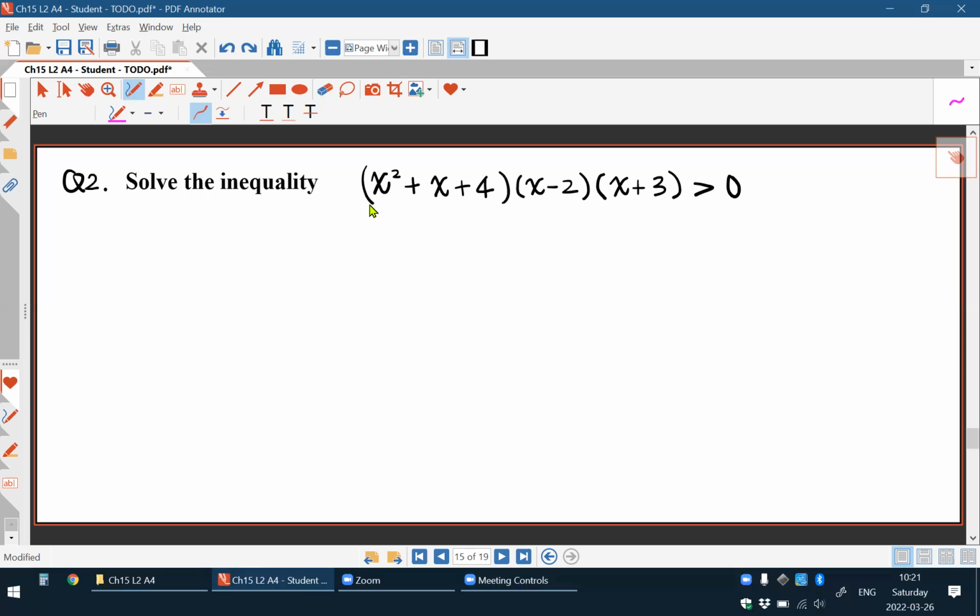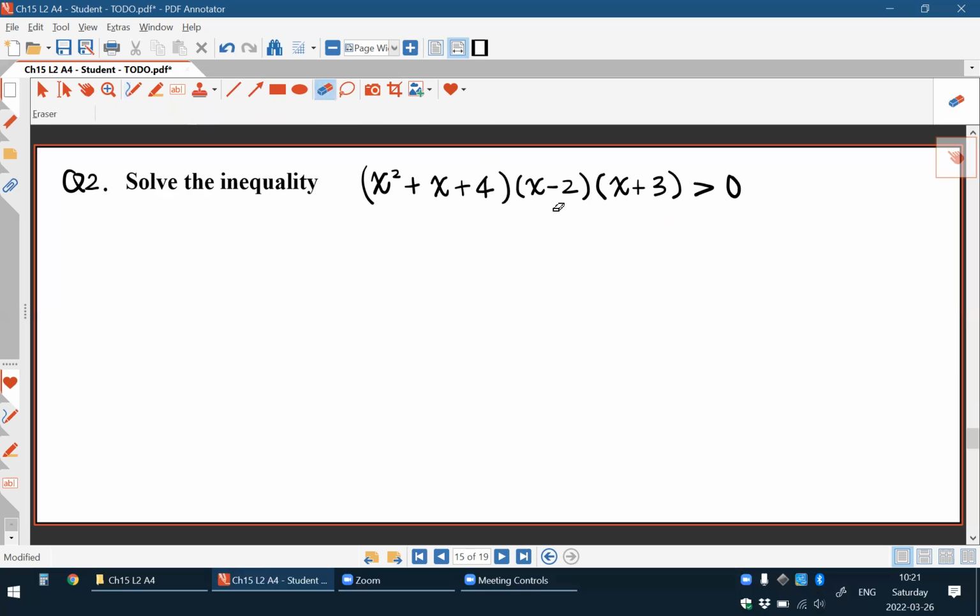Okay, first of all, if not all the expressions are in a factored form, we can consider this expression here, whether it is always greater than 0 or always less than 0. If it's always greater than 0, that means the later part must also be greater than 0, right?